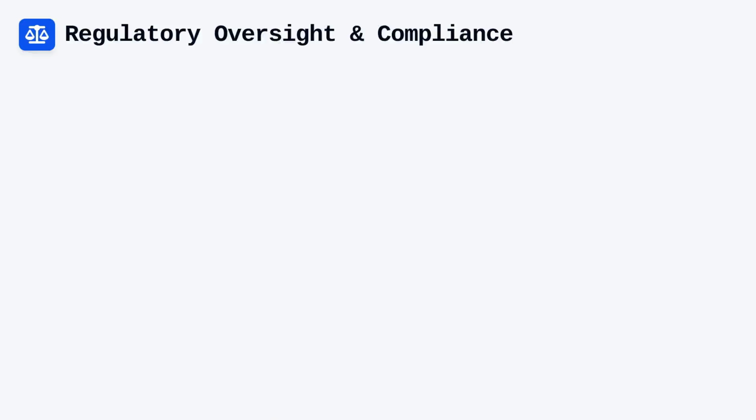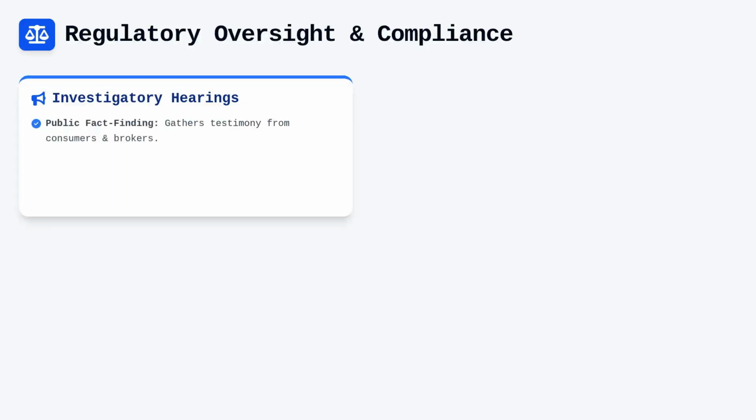To ensure transparency and operational compliance, the California Department of Insurance utilizes formal investigatory hearings and structured market conduct examinations. Investigatory hearings function as public, fact-finding proceedings where the Commissioner gathers testimony from consumers, brokers, and administrators to diagnose systemic operational deficiencies.